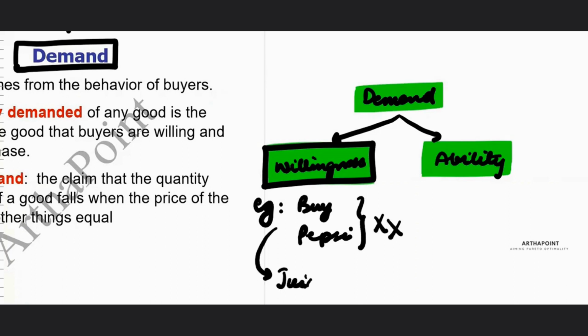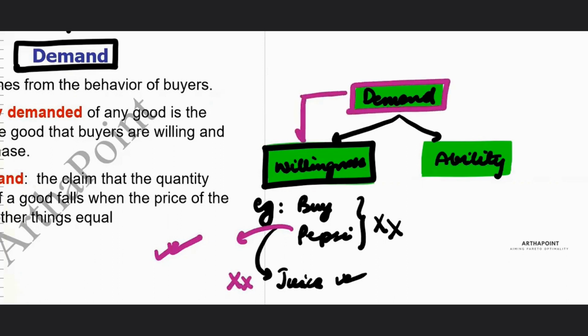I want to spend my money on a juice. So although I may have the money to buy it, I am not willing to buy it. So an important aspect of demand comes from willingness.